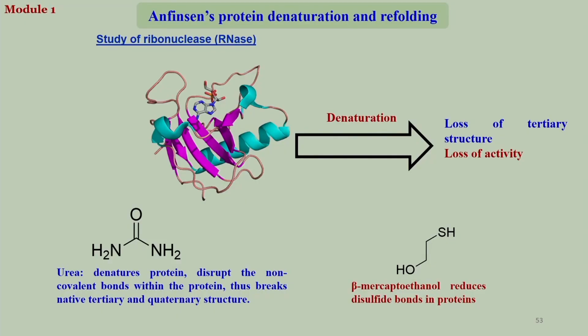A classic study of how a protein folds and unfolds was done by Professor Anfinsen. This is called Anfinsen's experiment, or Anfinsen's protein denaturation and folding. Anfinsen received the Nobel Prize in chemistry in 1972. He worked for a very long time on the enzyme ribonuclease, RNase.